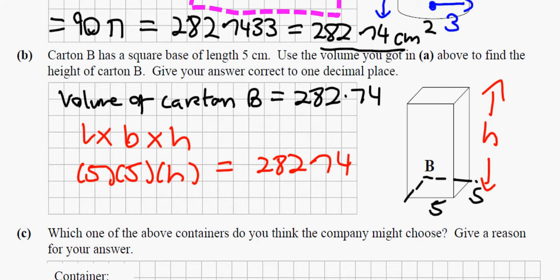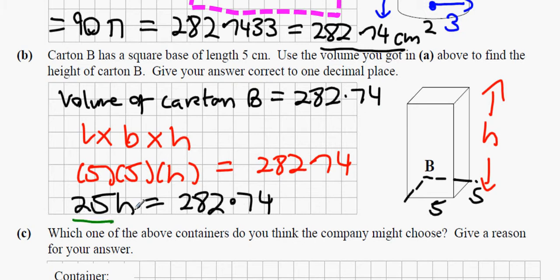So 25h must equal 282.74. We need to get h on its own. 25 is multiplying on the left, so when we bring it over to the right-hand side, it turns into divide. So h is 282.74 divided by 25.